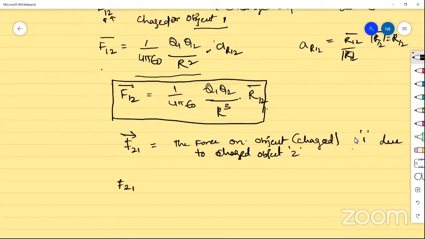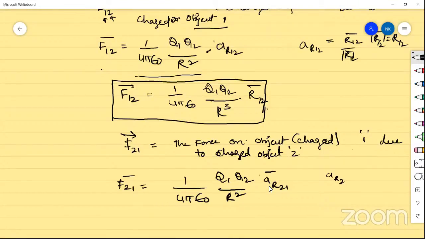So how do you write F21 bar? 1 by 4 pi epsilon naught Q1 Q2 by R square, into the unit vector. What is the unit vector? AR21.